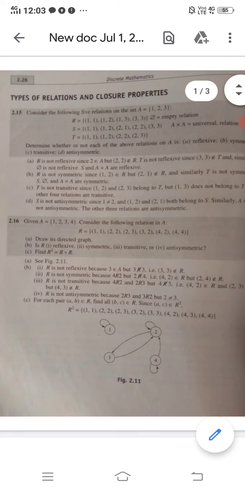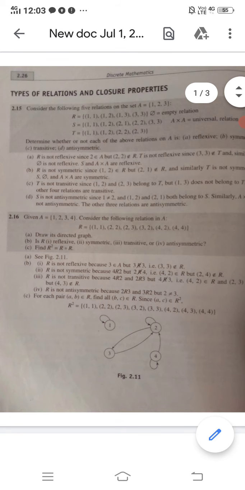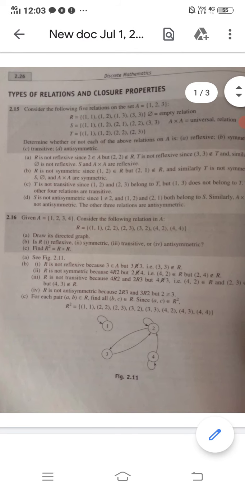Now check the third relation, transitive.